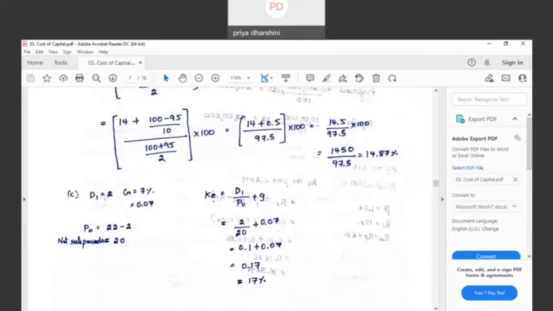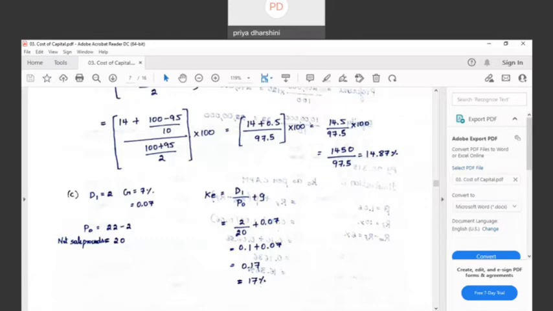So D1 is 2 rupees. How much is the growth rate? 7%. With that, find cost of equity: D1 divided by P0 plus g. While finding P0, subtract the flotation cost and take only the net proceeds. So you get the cost of equity as 17%.